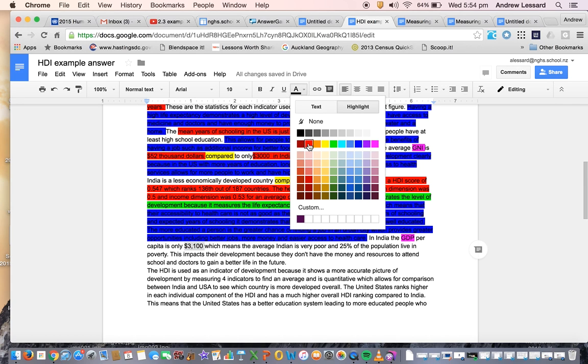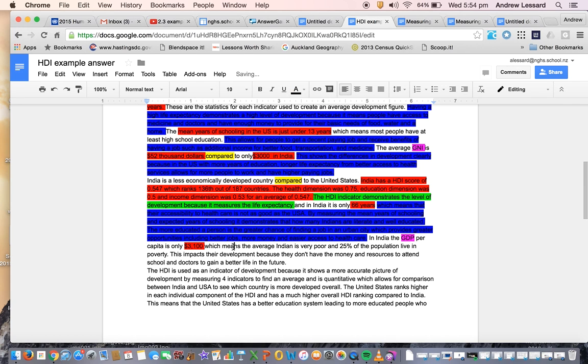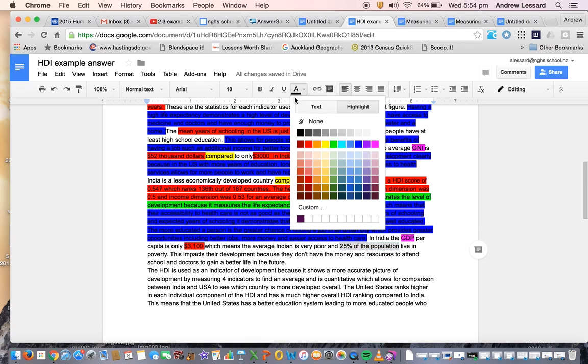We know that that's actually gone up in recent years, so it's 4,000 now. And 25% of the population lives in poverty. That's another specific.